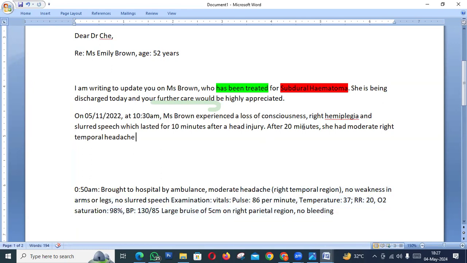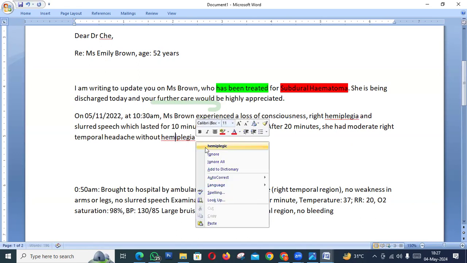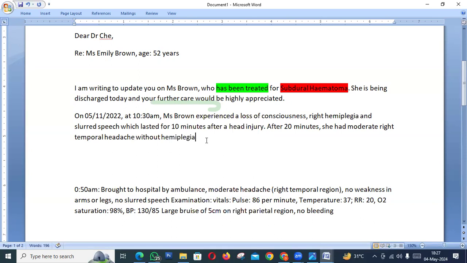Okay, sir. So she had moderate right temporal headache without, you can say, no hemiplegia or slurred speech. Hemiplegia, what is it? Okay, without hemiplegia or slurred speech. You can write like this.